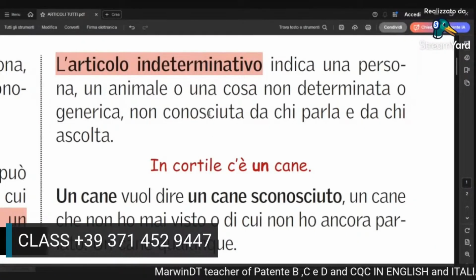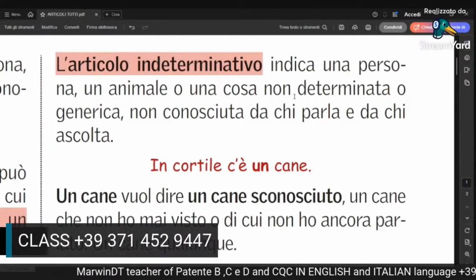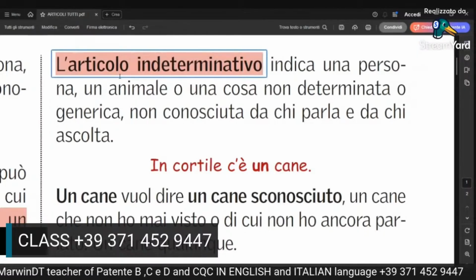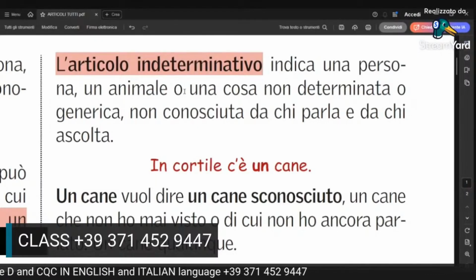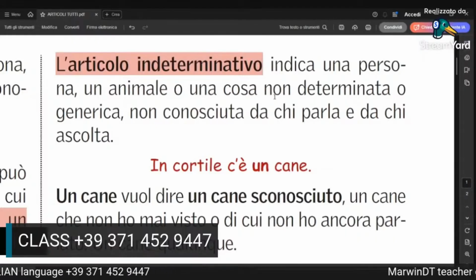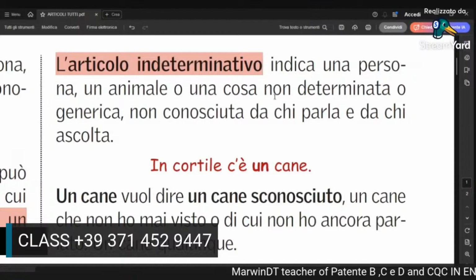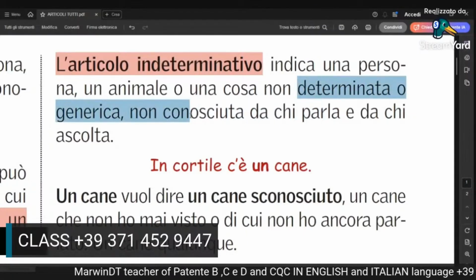So it means the articolo indeterminativo indicates a person, an animal, or something not determined, not specific, or better, something generic.